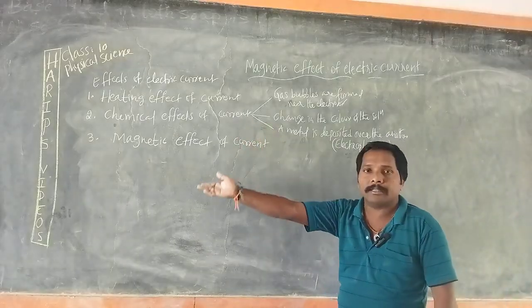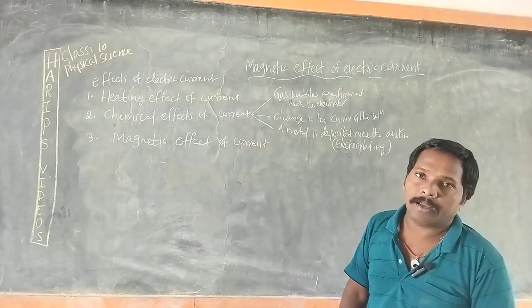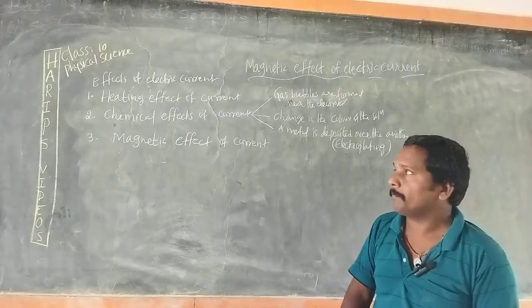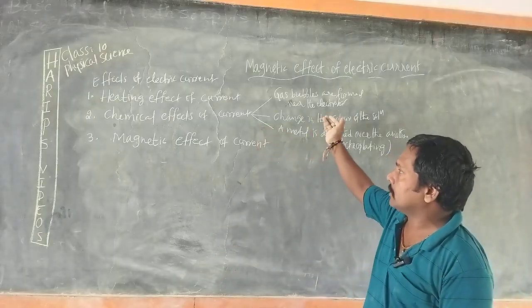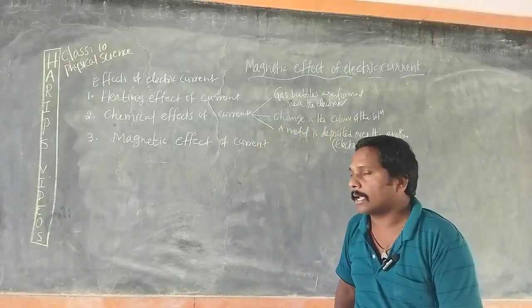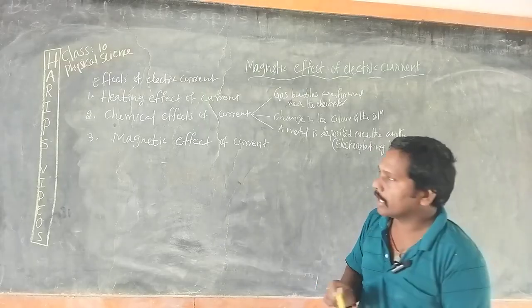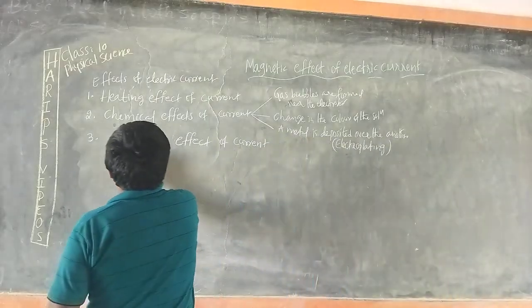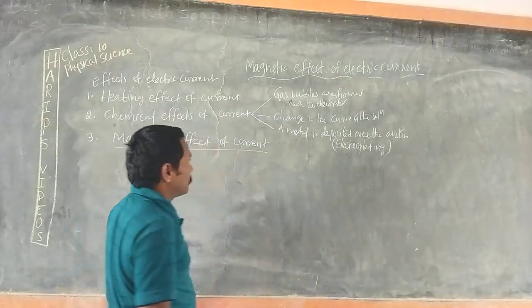You already learned this in the chapter on electricity, and we can solve some problems also. Chemical effects you learned in class 8. Then the magnetic effect of electric current.